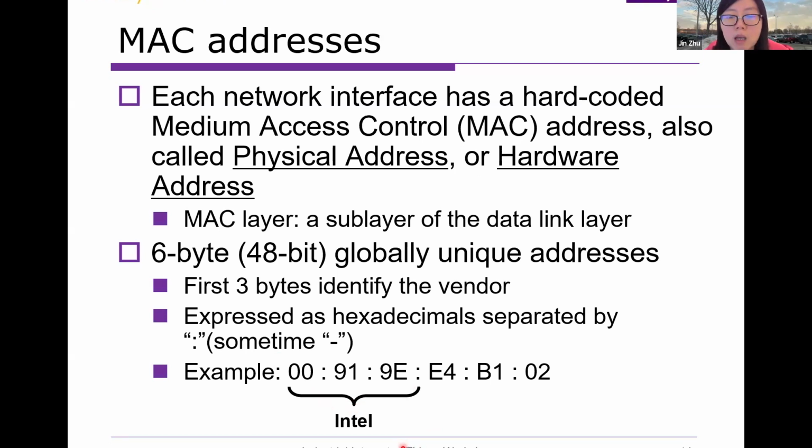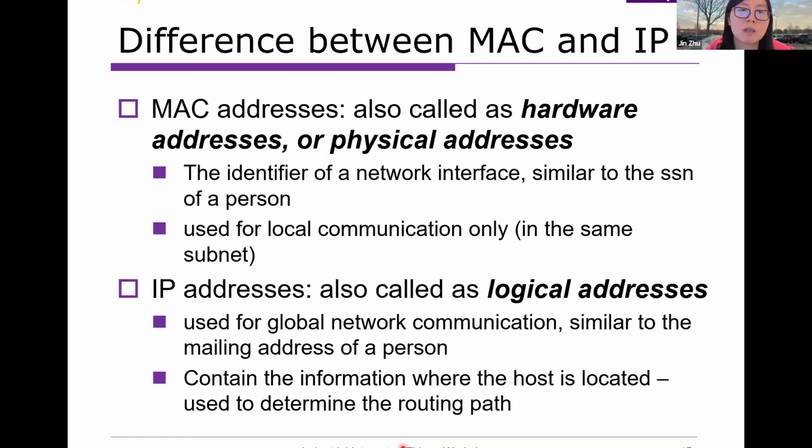So what's the difference between the MAC address and the IP address? Those are 2 addresses we commonly use. The MAC address is the identifier of a network interface. To compare, you can consider it as the SSN of a person.